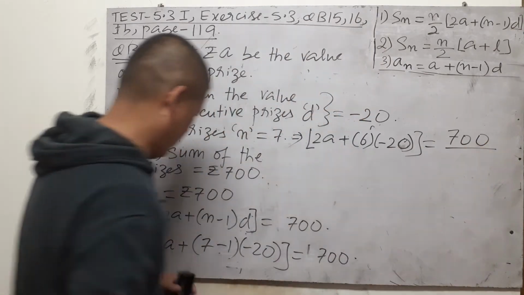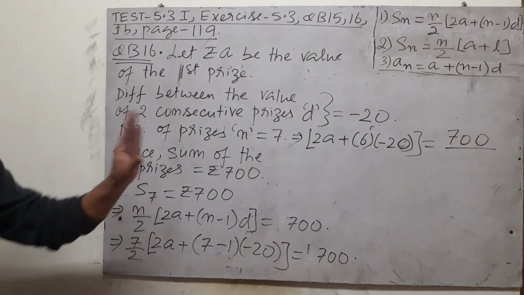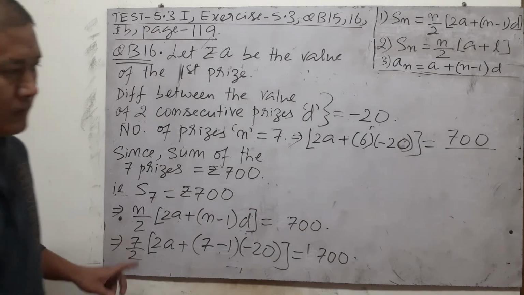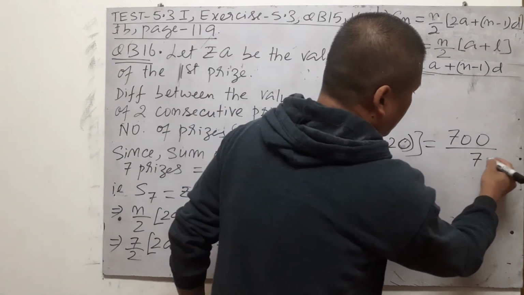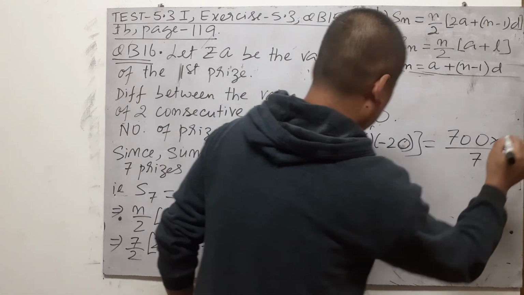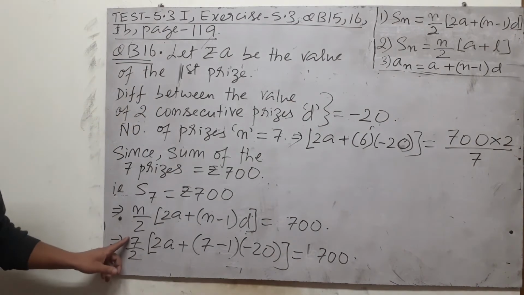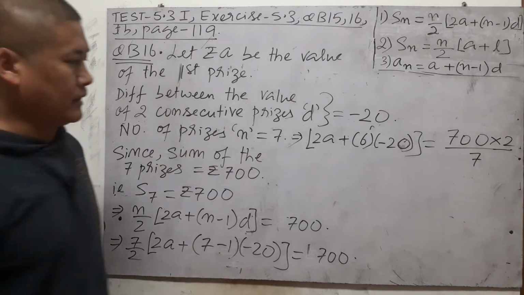Then if you shift this 7 by 2 to the right side, the 7 will go down to the denominator and the 2 will go up on the other side.